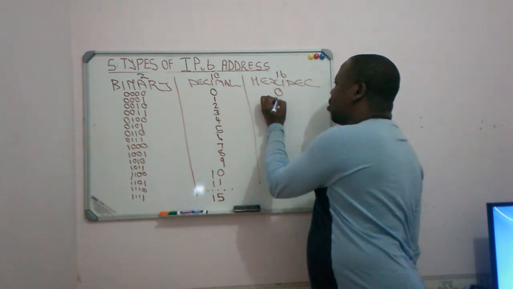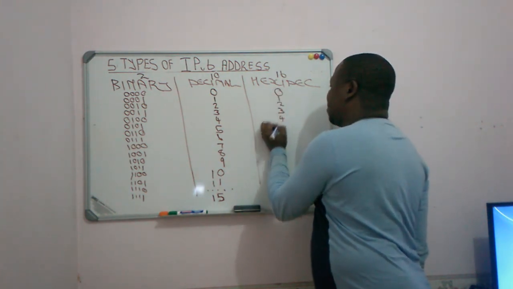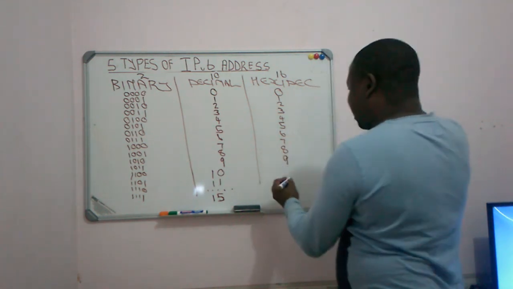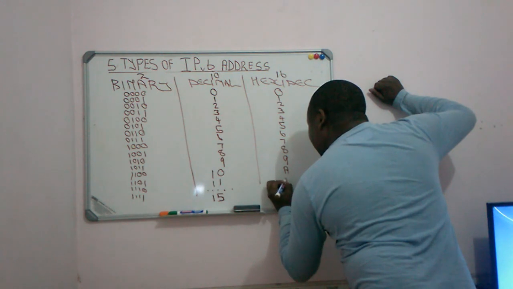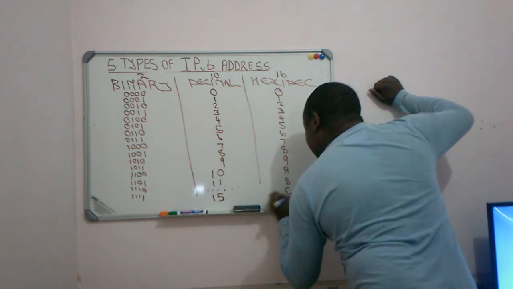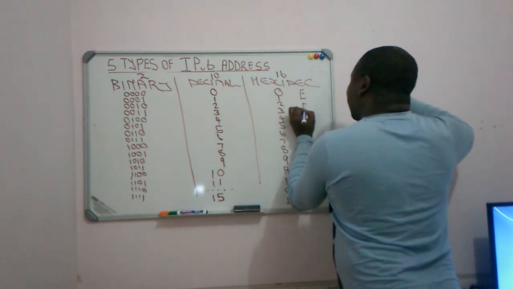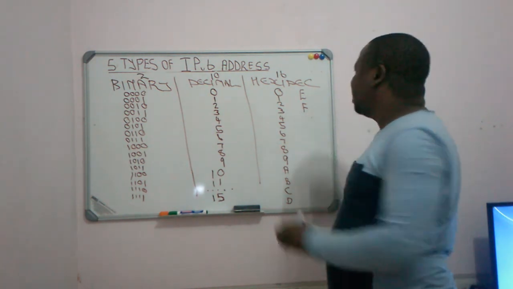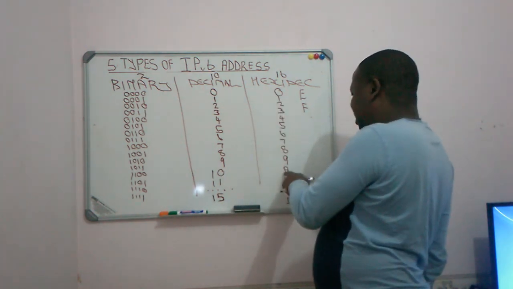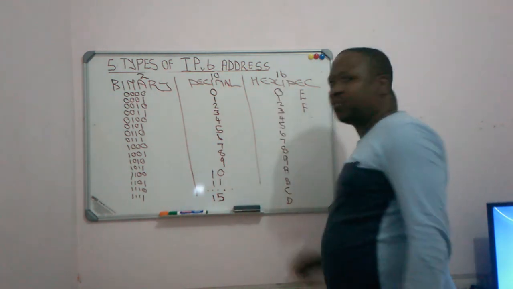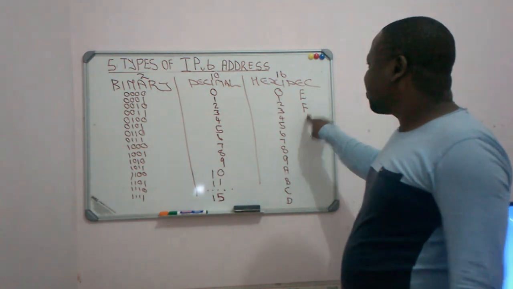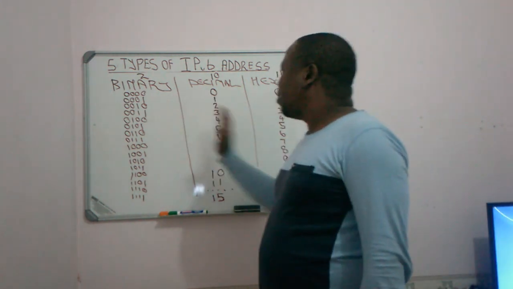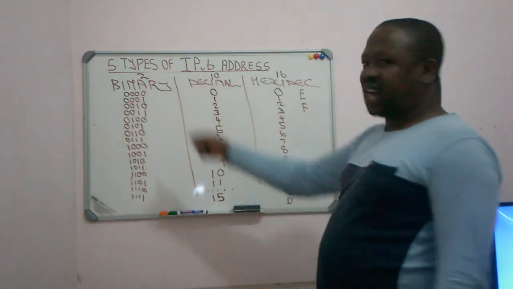We have 0, 1, 2, 3, 4, 5, 6, 7, 8, 9, A, B, C, D, E, F. That's for 0 to 15. So 10, 11, 12, 13, 14, 15 are A to F. That's why we say it's base 16, up until F. So you can use these numbers for your conversion. This is our conversion chart.